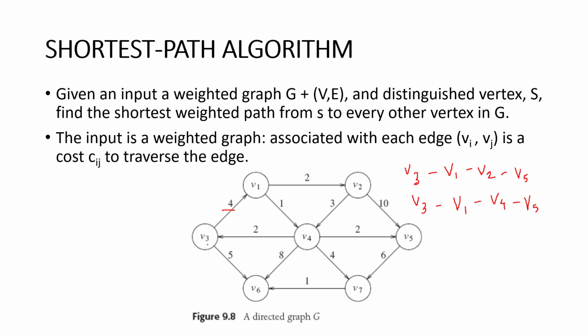I can go from v3 to v1 and v1 to v2, then v4, v5.